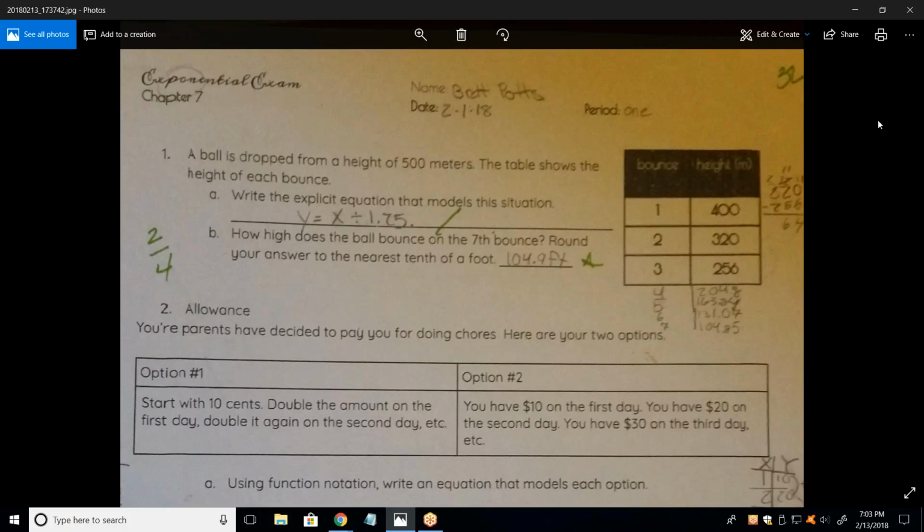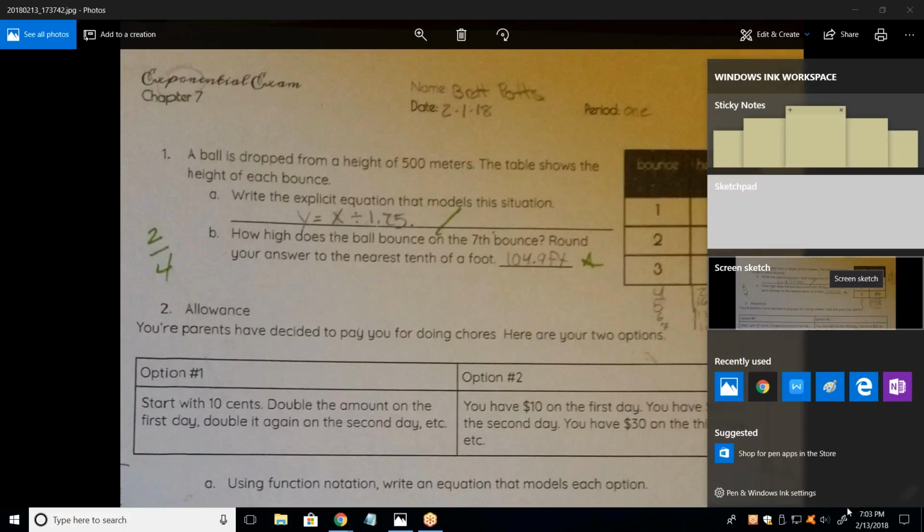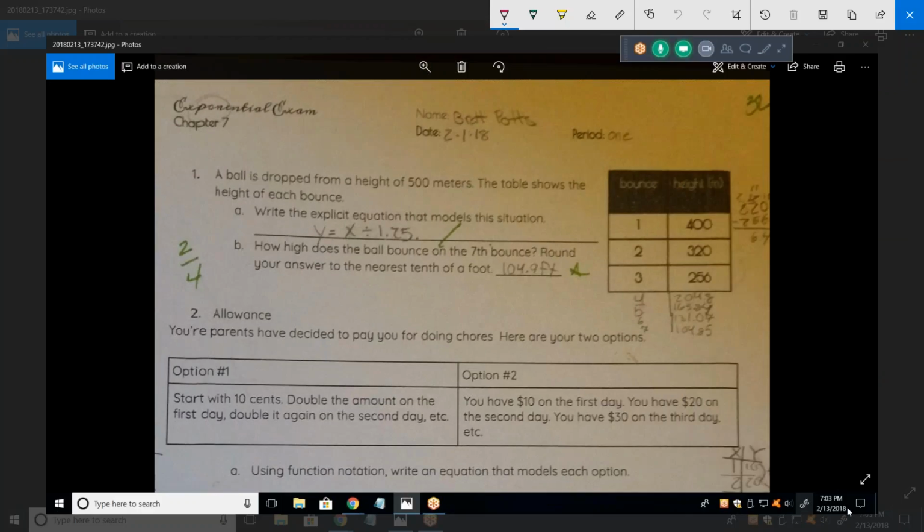You probably did 500 divided by 400 to come up with this 1.25. Yeah. Okay. I tell you what I like a little bit better, and I'll show you why, is 400 divided by 500, because that is 0.8.